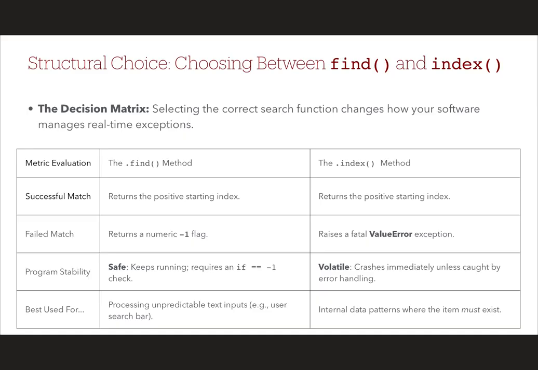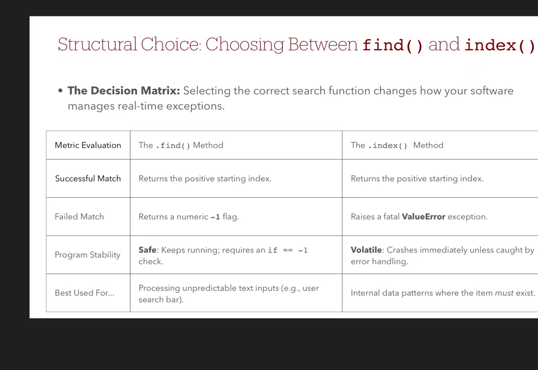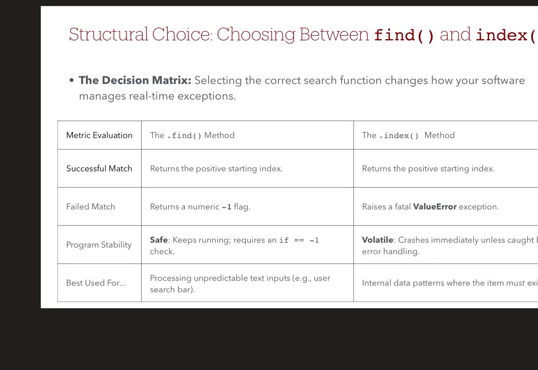So here are the differences between find and index. If the given expression is found, then both the find function and the index function will return the index corresponding to the first letter. In that case, it is fine.